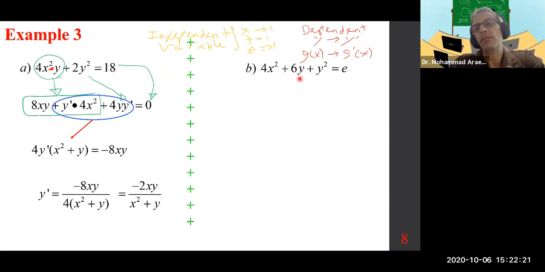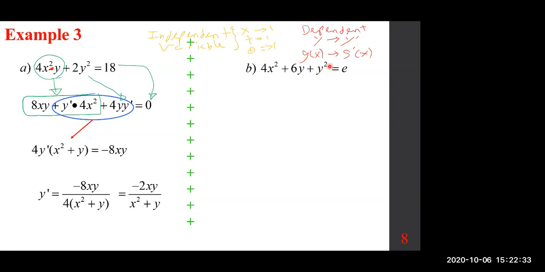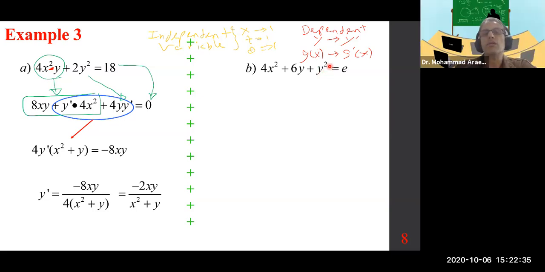Okay? What is the derivative of y squared, class? Anybody? 2y, y prime. That's it. What is the derivative of g of x to the power of 2? 2g of x, g prime of x. The same thing. And the right side, what is the derivative of the right side, class?